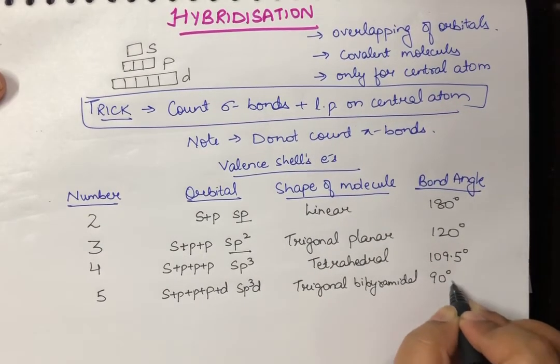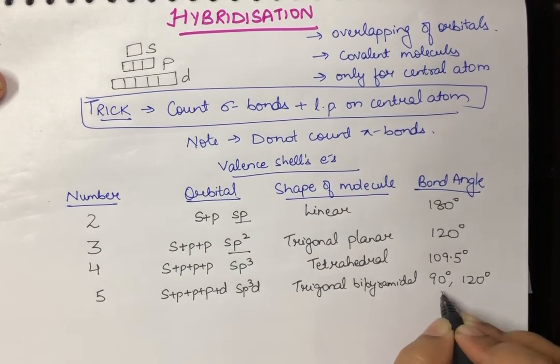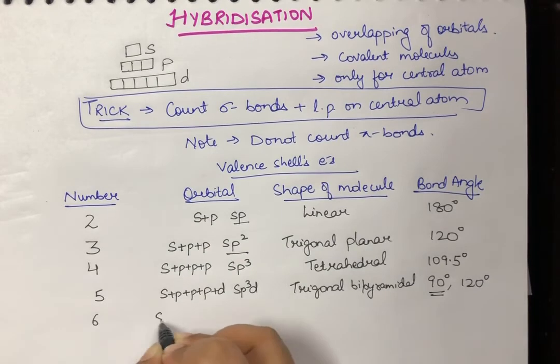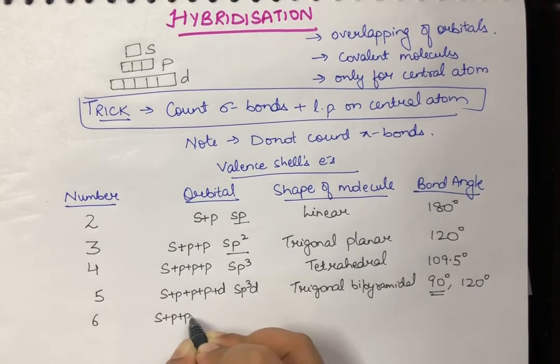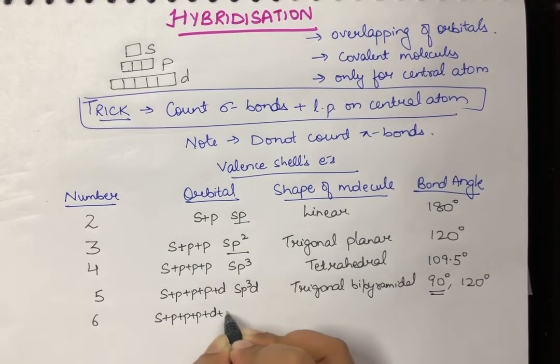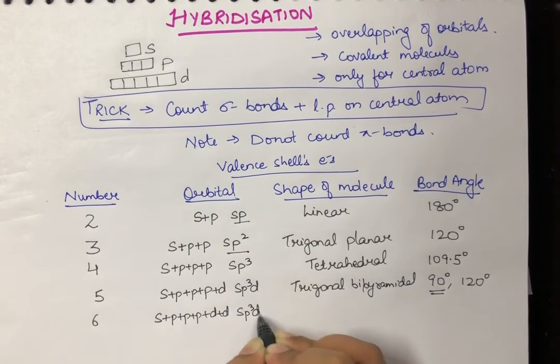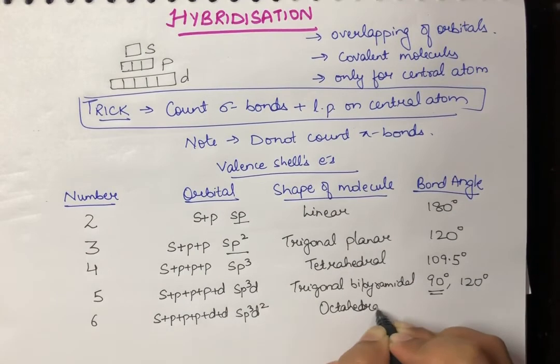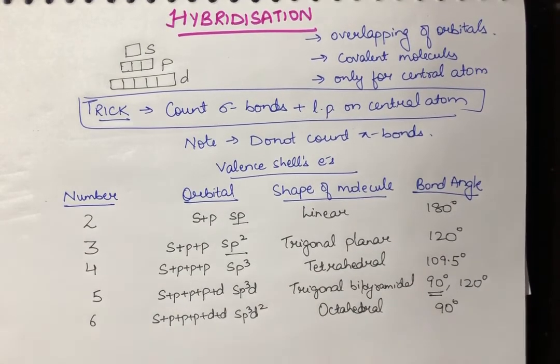One is 90 degrees and the other is 120 degrees: 90 degrees for the axial bonds and 120 degrees for the equatorial bonds. For 6, it is going to be s plus all the 3 from p and 2 from d. So this would be sp3d2, and the shape is called octahedral, and the angles are 90 degrees.